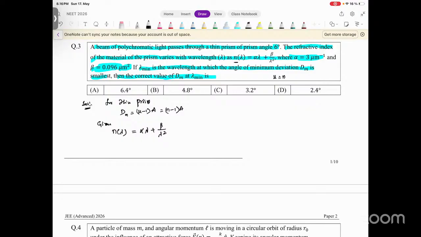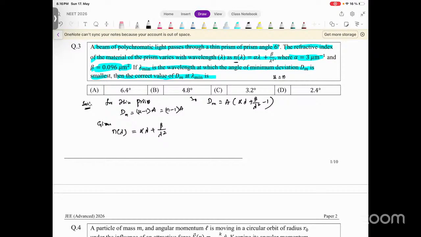So that is the given value. So minimum deviation I can write as D minimum equals A into alpha into lambda plus beta divided by lambda square minus 1.